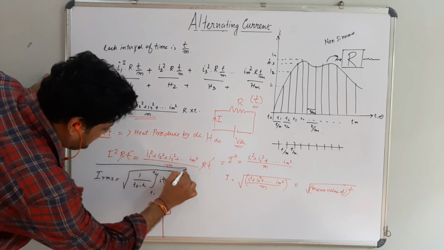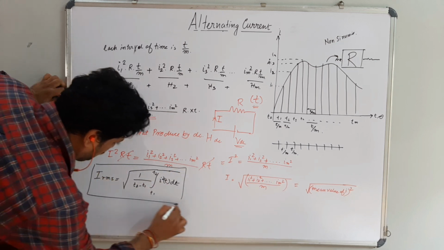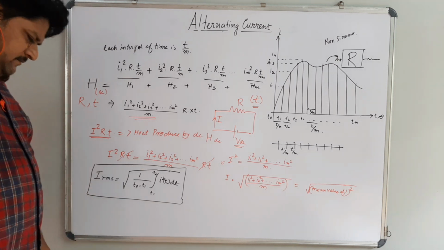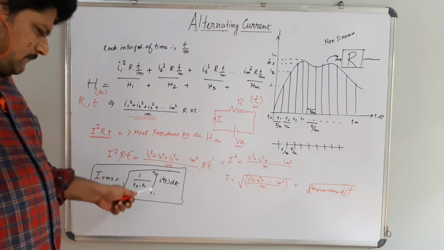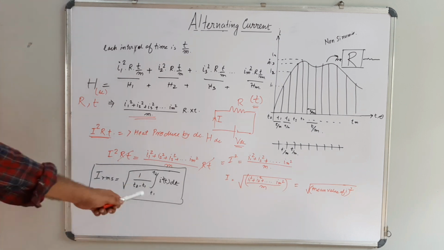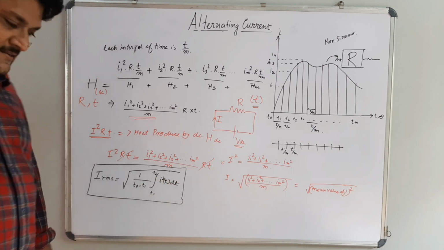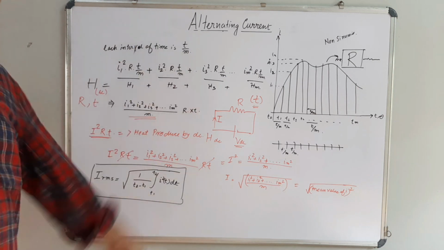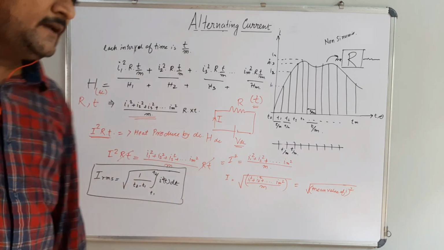This is the expression of the RMS value over a complete interval of time, as I is a function of T. Now this is the physical interpretation and analytical analysis of the RMS value.